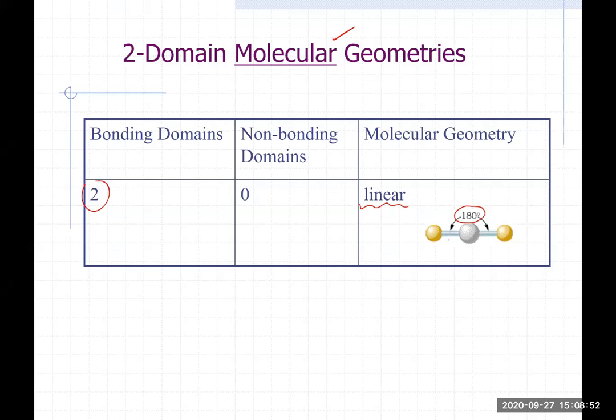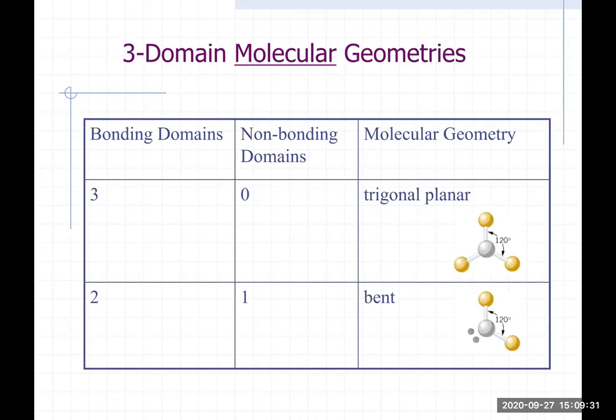We have 2 electron domains, and notice we have 2 atoms that are associated with this molecule. Those 2 atoms are 180 degrees from one another, and those 2 electron domains are 180 degrees from one another. And so that makes the electron 3-dimensional structure and the molecular 3-dimensional structure, if you have 2 electron domains, exactly the same.